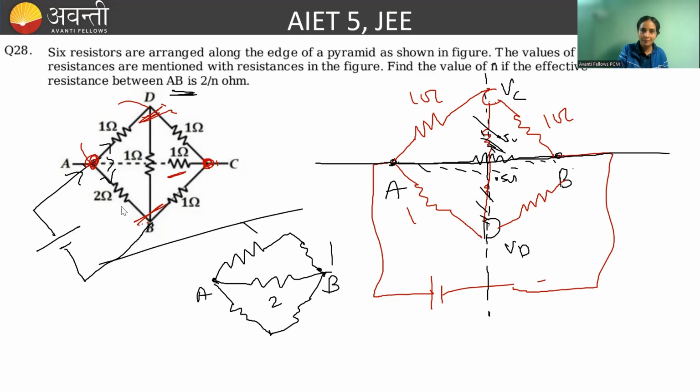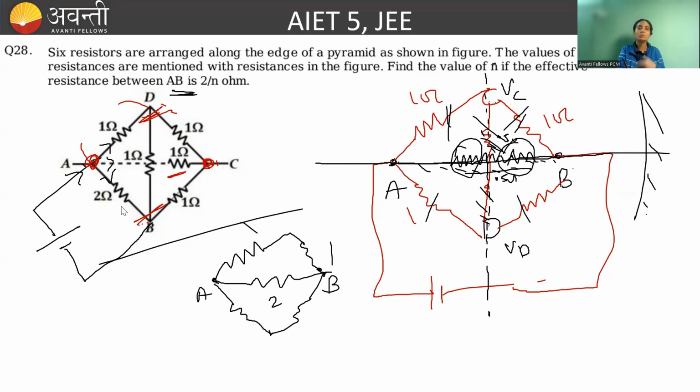Because if you treat this vertical line as a mirror, this is 1, this is 1, so this is the mirror image of this. And what about this 2 ohm? We can again divide it into 1 ohm here, 1 ohm here, so this 1 ohm is the mirror image of this 1. So there is a vertical symmetry. Whatever points lie on the vertical symmetry line will be at the same potential. So the circuit got reduced like this.